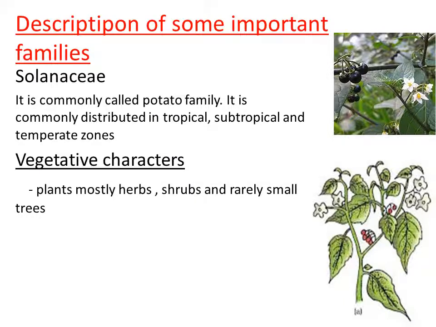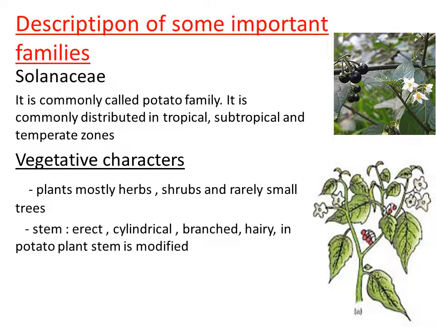Then if you come to the stem, the stem is the aerial part of the plant. Most of the plants of the Solanaceae family are herbs, shrubs and rarely small trees. There are no big, tall trees in the Solanaceae family. We can only see herbs, shrubs and rarely some plants that are small trees.